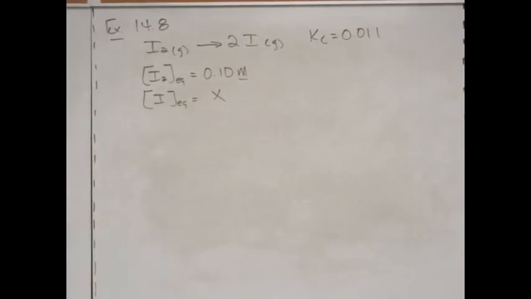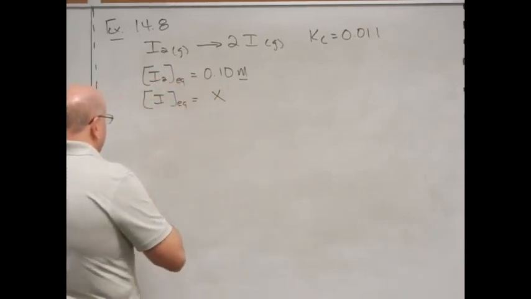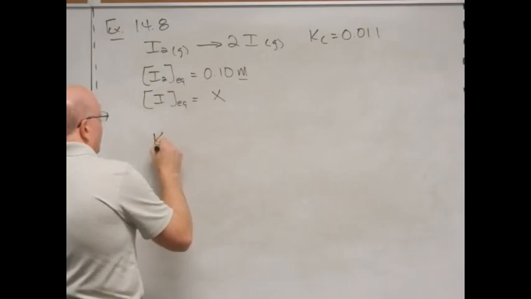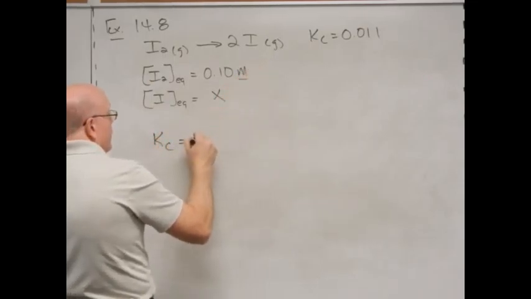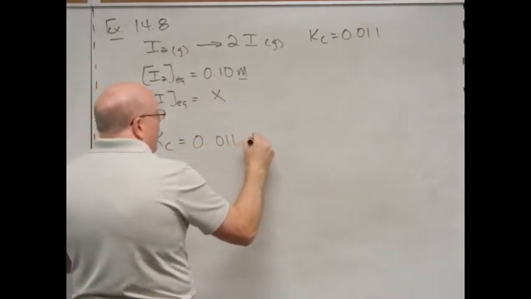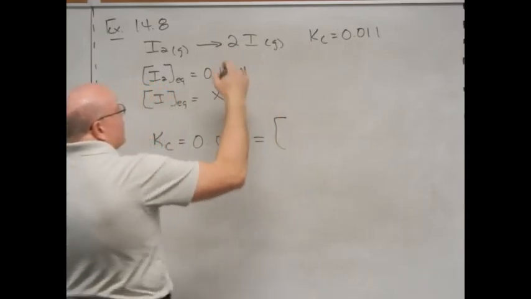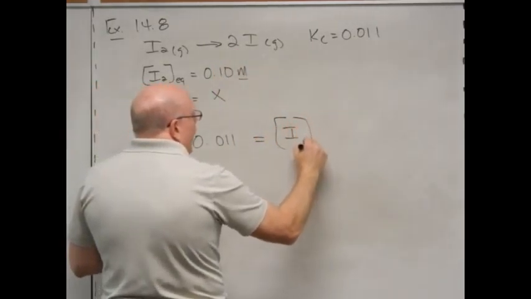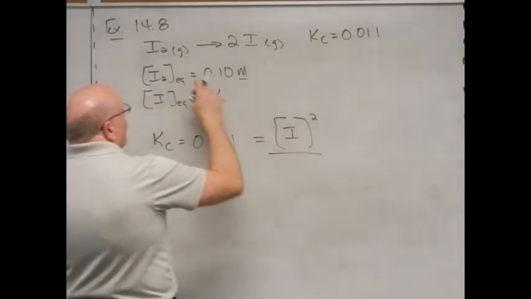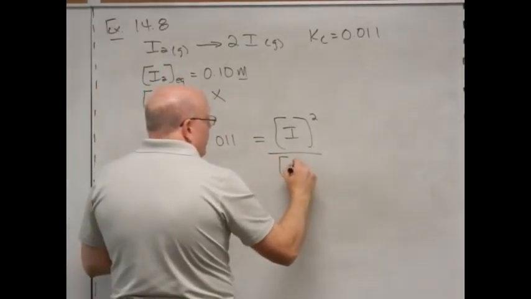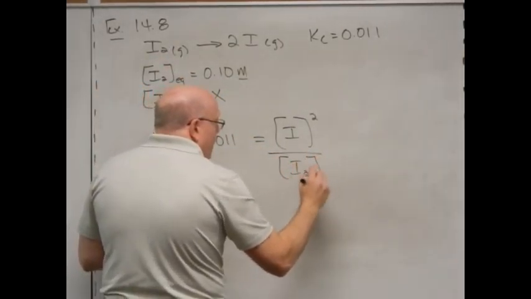This is the easier type of problem because all we need to do is write an equilibrium expression and sub in and solve for what's missing. So the equilibrium expression for this reaction says that Kc equals 0.011, which equals the concentration of I squared over the concentration of I2.